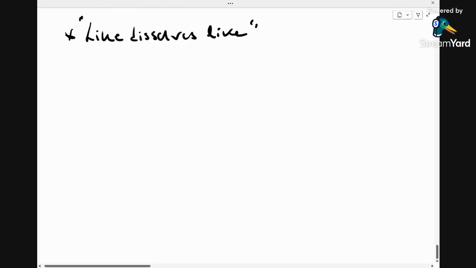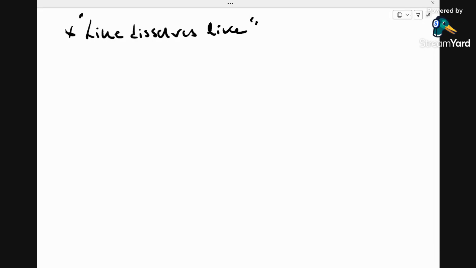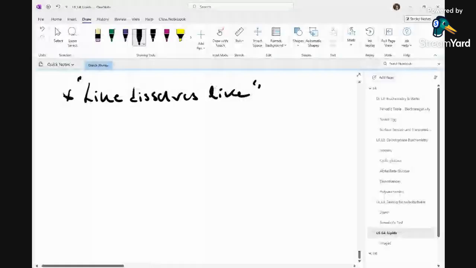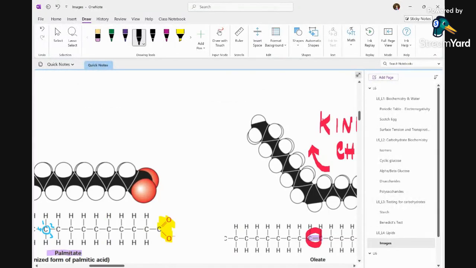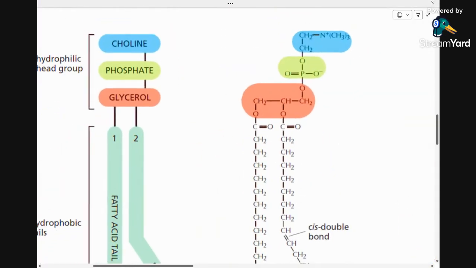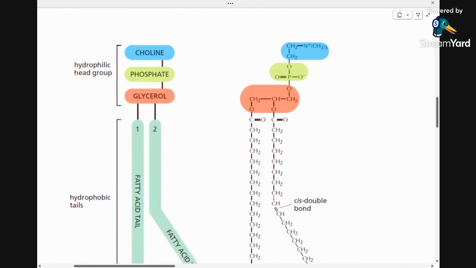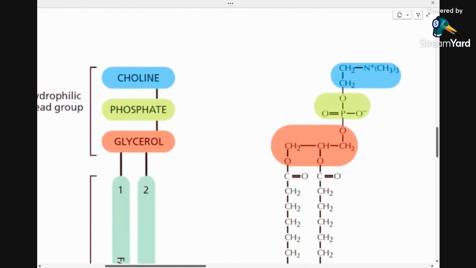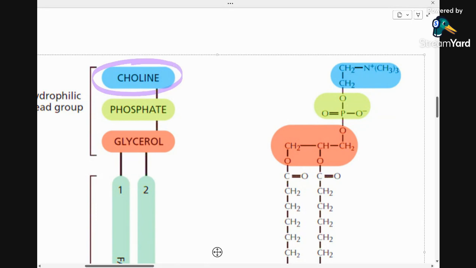So let's draw the membrane. In fact, I'll just show you the picture. It's probably easier. This is a little bit of stuff about phospholipids. I'm not going to really cover it too much. I may as well just point it out because I put it here. Not only can you have your phosphate attached to your glycerol, you can actually attach another group on top, which here is shown as something called choline.